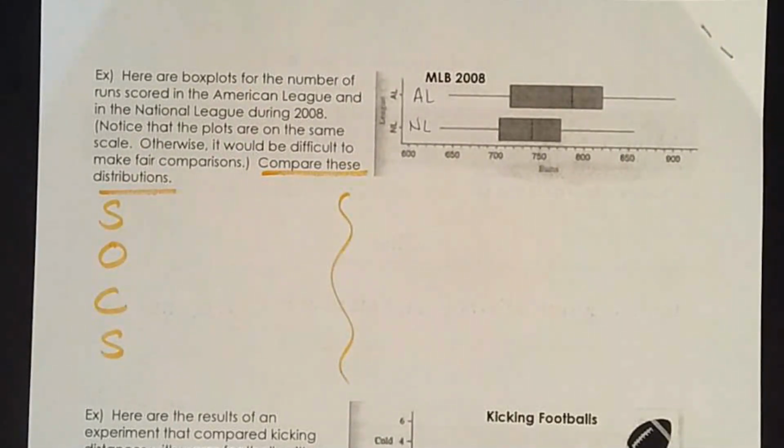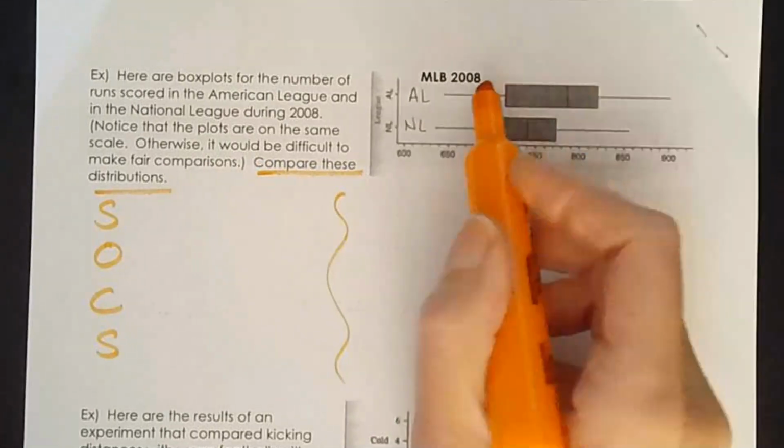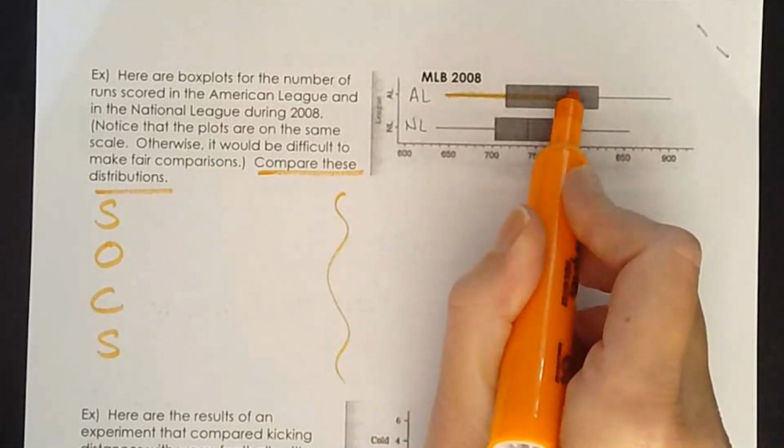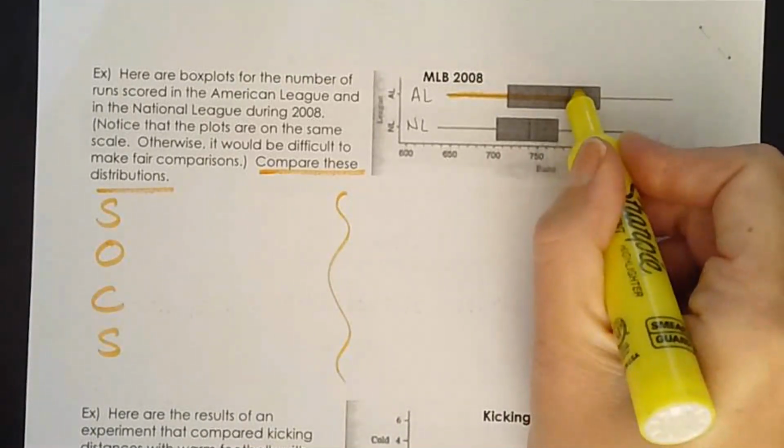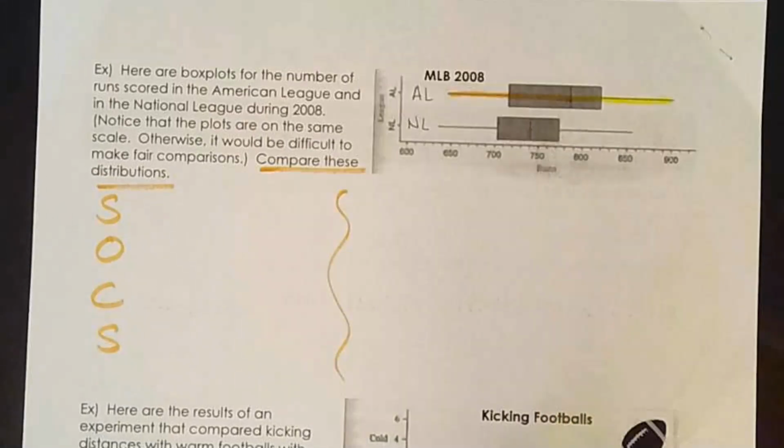Okay, here we go. Shape. American League. Left side. Right side. I had someone earlier today that was pretty stuck on the fact that it is skewed left. The left side of the graph is a little bit more spread out than the right, maybe a little bit more.